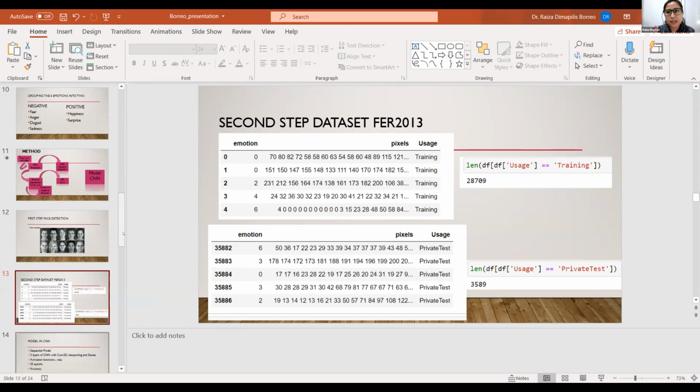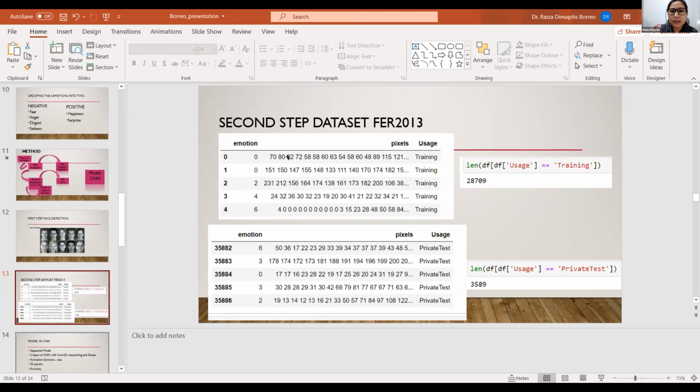Let me describe to you the nature of the data set. There are approximately 35,886 rows here. That would mean this is the number of photos inside. Each photo has 3 descriptions. One is the category of emotion. The second is the pixels, which is the numerical interpretation of the photo itself.